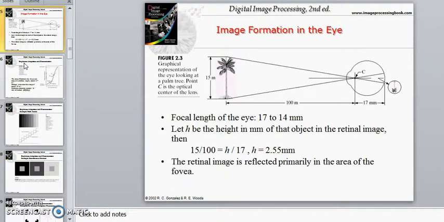Let h be the height in millimeters of that object in the retinal image. Then, for the height of the tree, 15 divided by 100 equals h divided by 17. This is equal to 2.55 millimeters. The retinal image is reflected primarily in the area of the cones.